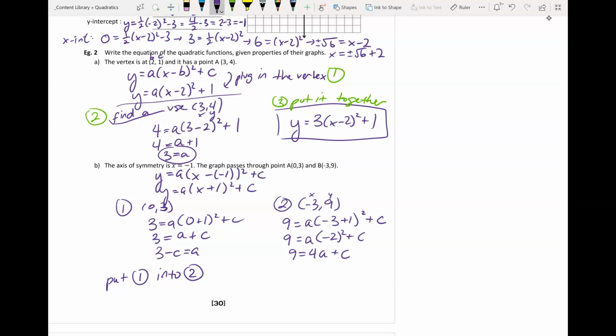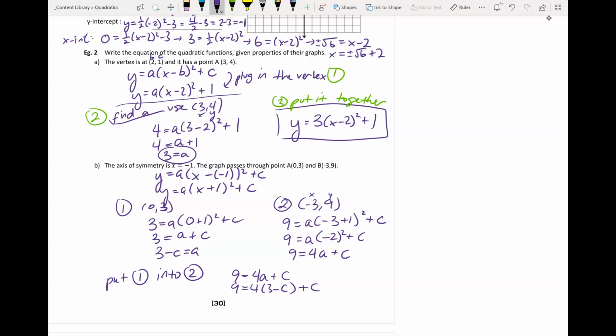So that means I'm going to put in 3 minus c for my a into the second equation. So this is the second equation, and I'm going to put in 3 minus c. Because now I only have one variable to solve for.